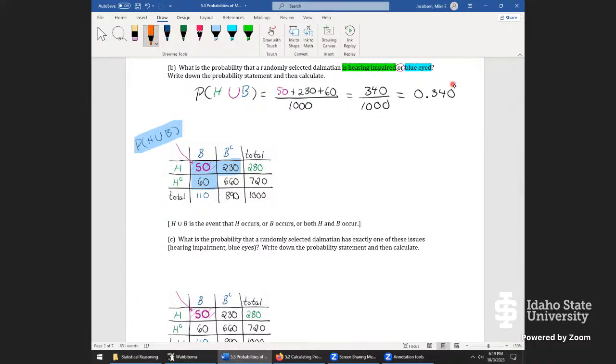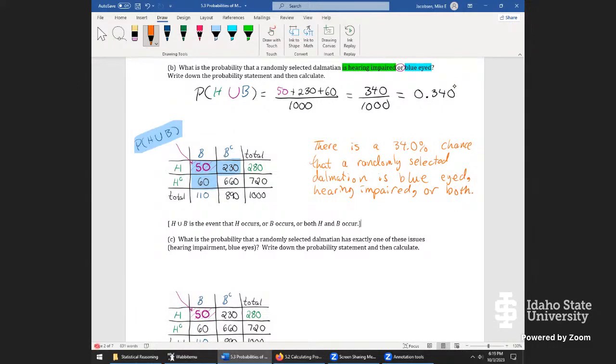Once we got through this one, we can say there is a 34.0% chance that a randomly selected Dalmatian is blue-eyed, hearing impaired, or both, blue-eyed and hearing impaired.